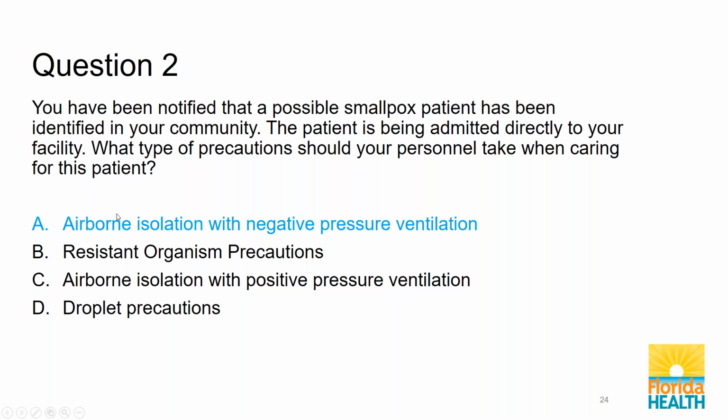So Elizabeth said, is it droplet? Is it droplet precautions? If it was transmitted via droplets, do you think a more appropriate response would be to place the patient under droplet isolation rather than airborne isolation?